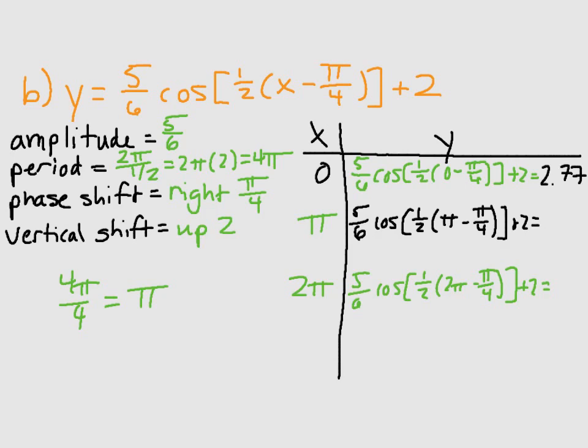So cosine of 3 pi over 8 times 5/6, and then adding 2 gets me a value of 2.32. And then when I plug in 2 pi minus pi over 4, I get 7 pi over 4 times 1/2 gives me 7 pi over 8. So cosine of 7 pi over 8 times 5/6, then adding 2 gives me a value of 1.23.